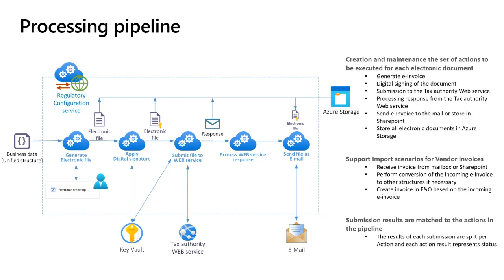For this processing, we also use electronic reporting configurations to provide flexibility in no-code setup and development of this process, where in the configuration you can define what to do with the particular response from the web service and perform certain actions further. In this diagram, one of the next actions is just sending the file through email to a predefined mail address.